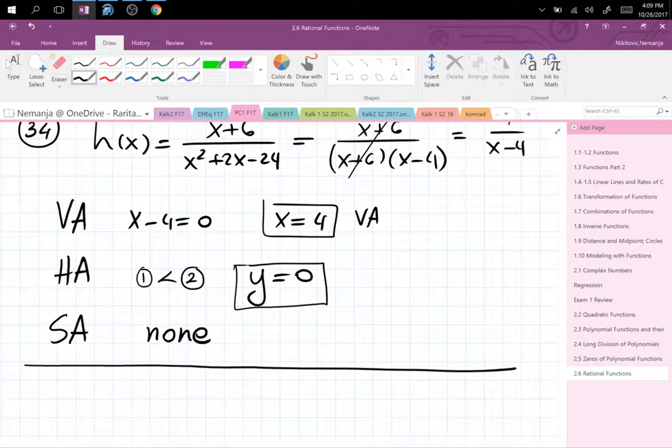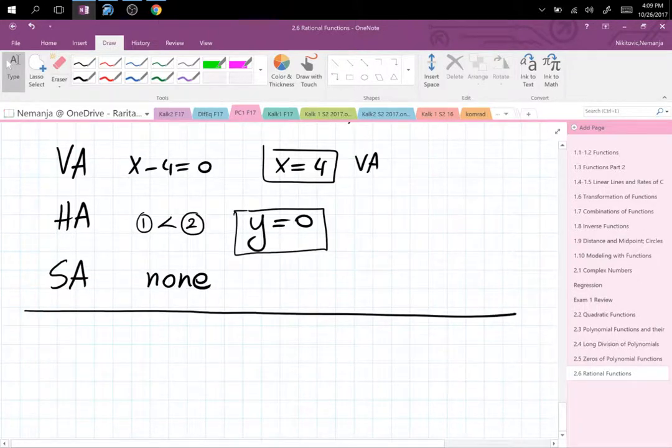That's going to be 35, good enough? Ooh, 43. Again, find all asymptotes here.